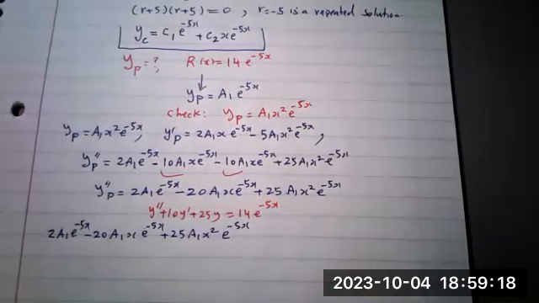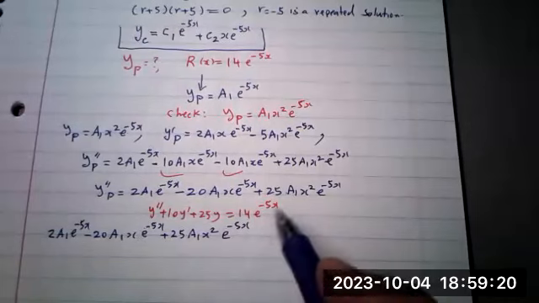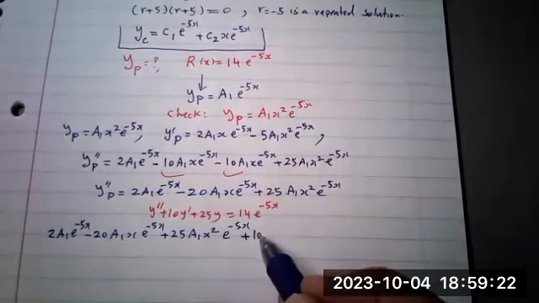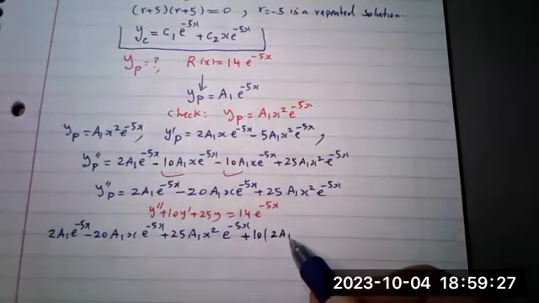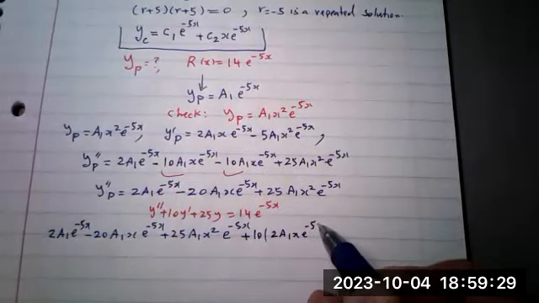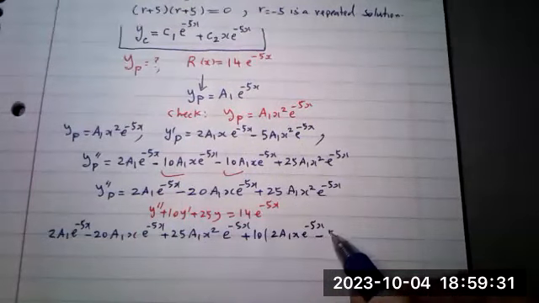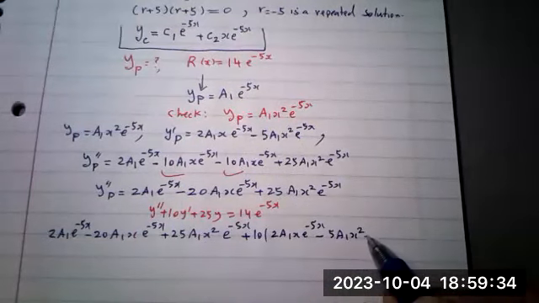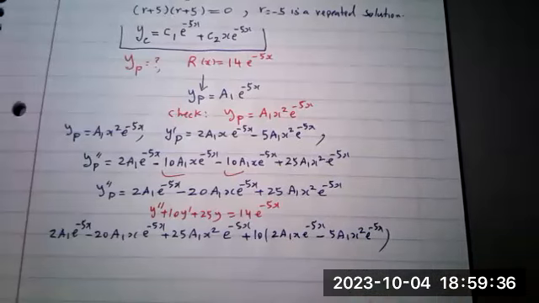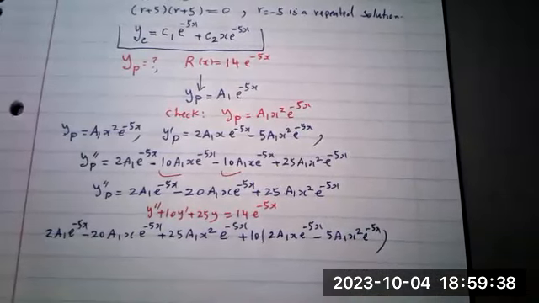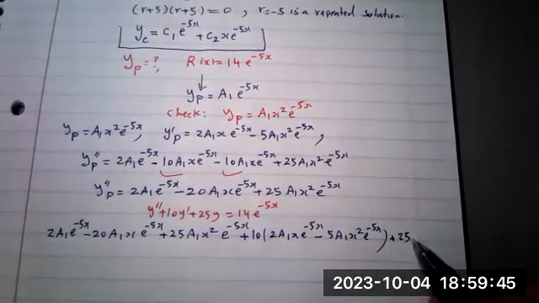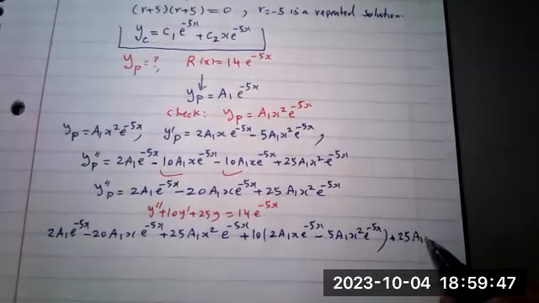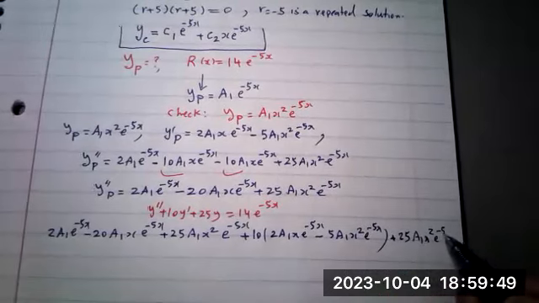That's y double prime. Plus 10 times y prime. This is your y prime, so it's going to be 2a1x e to the negative 5x minus 5a1x squared e to the negative 5x. Plus 25 yp, which is a1x squared e to the negative 5x.